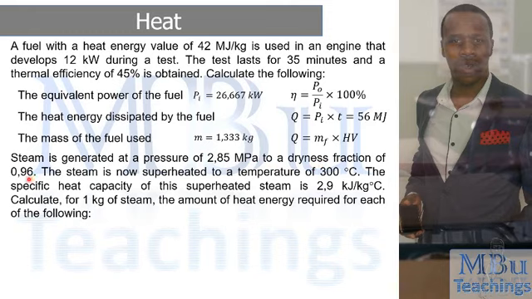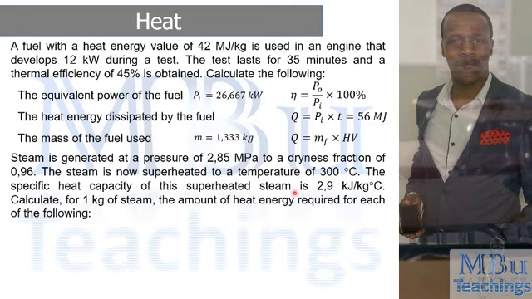Now dryness fraction is that X in the formula sheet. The steam is now superheated to a temperature of 300 degrees centigrade. The specific heat capacity of the superheated steam is 2.9 kilojoules per kg degree Celsius.